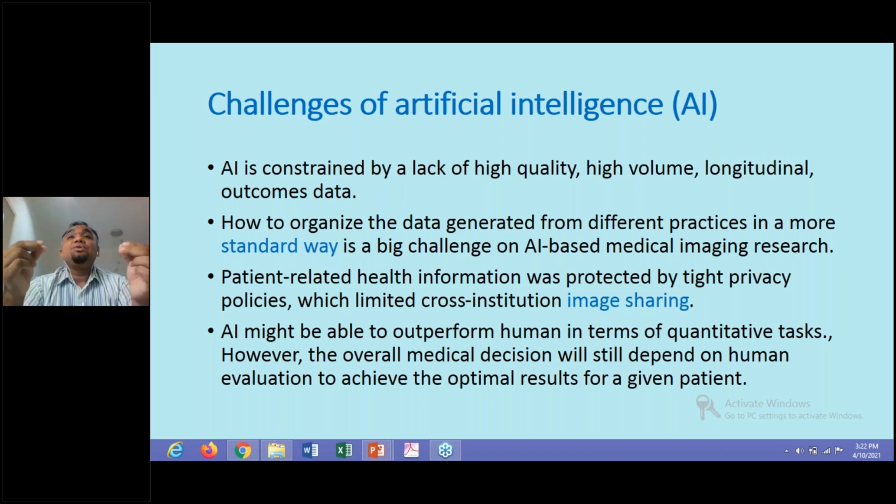I think the issue is pretty similar to the era of computed radiography and digital radiography. Basically, the intention of DR and CR is to help us reduce the repetition of images that occurred in conventional general radiography.